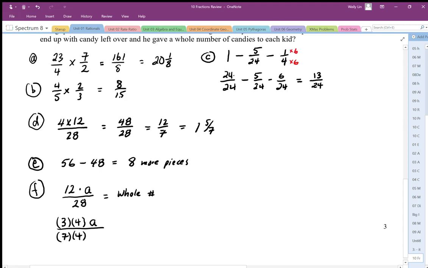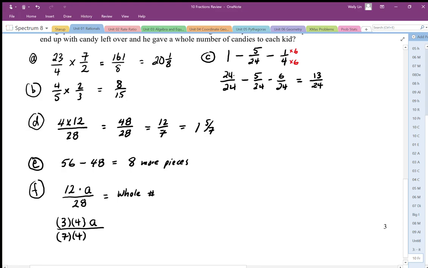Now we can cancel them out. I'm just going to leave them in there, but basically we just need to make sure that the denominator has divisors or multiples or factors in the numerator that match the denominator. That allows the denominator to get cleared out.